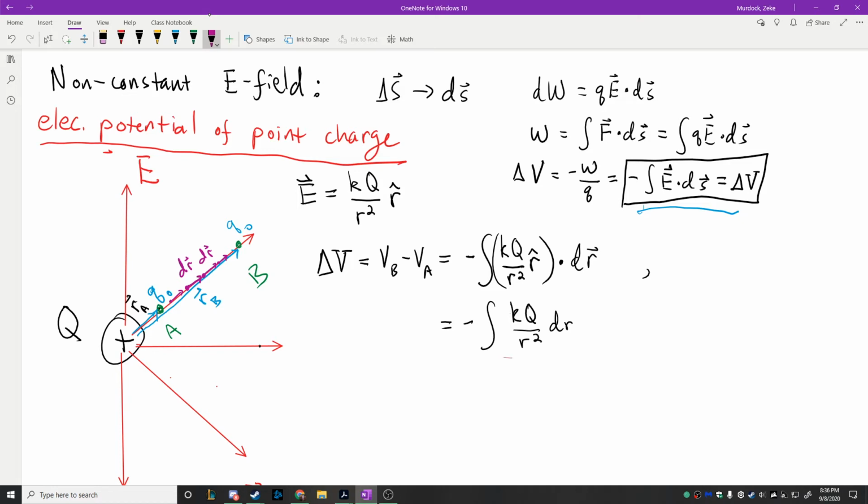And now we have a pretty simple integral to solve, right? We just need to plug in limits. I said my limits were going to be r sub A and r sub B. No longer vectors, but just the lengths, rA and rB. And then we can do the integral. What's this integral give us when we do it?